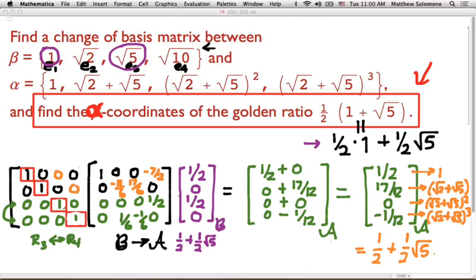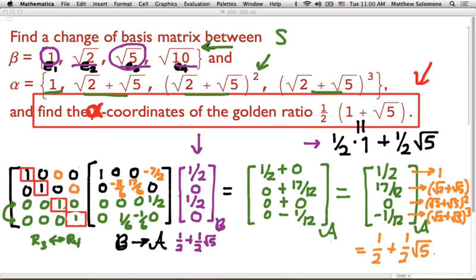In the first case, we're talking about it in the coordinate system that's based off of the square roots of 2, 5, and 10. And in the second case, we're talking about the coordinate system which is based off the powers of the sum of square root of 2 with square root of 5. And in our Abstract Algebra 2 class, the purpose of a computation like this was to show that any vector space which is built out of one of these bases is exactly the same, is equal to, set by set, the vector space that's formed out of the other basis.